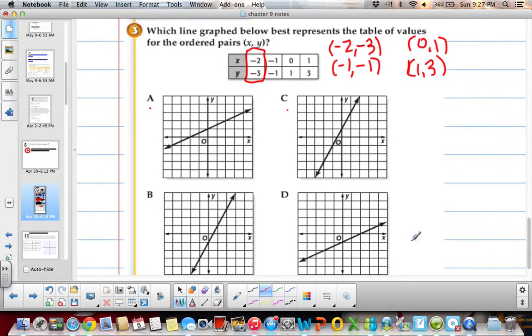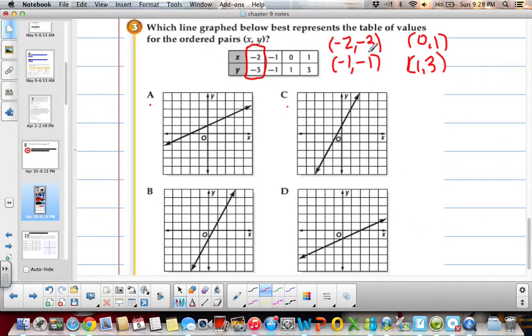Okay, so now let's look for negative 2, negative 3. So we would go over to the left 2, so 1, 2, down 3, 1, 2, 3. Well, that's right there. Actually, I'm going to mark the points that we're checking.